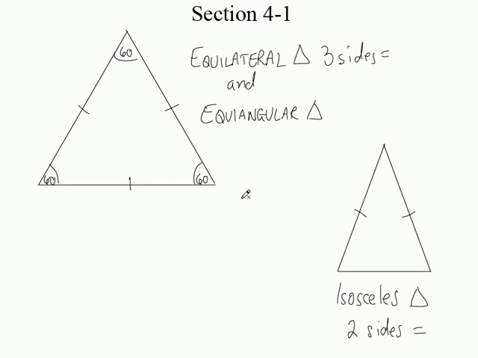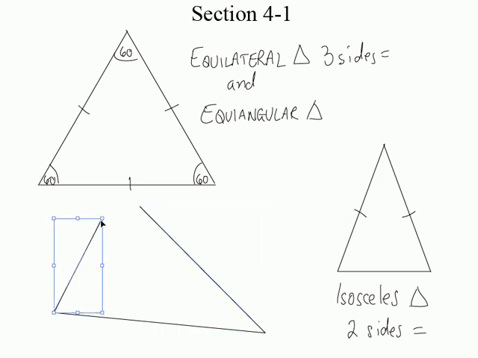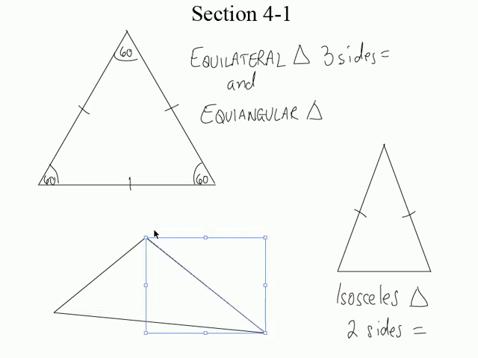All right, here's one other triangle. Yes, it's getting close. Here's another triangle like this, and I'm trying to make it so that it doesn't look equal. There we go.